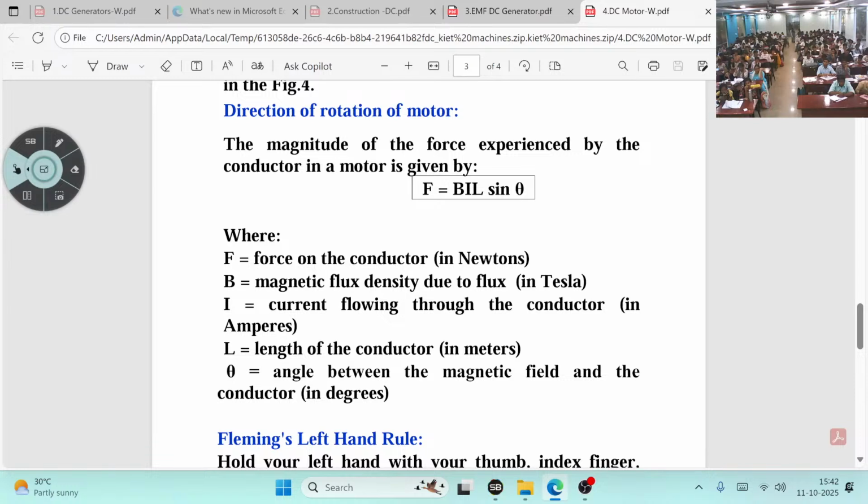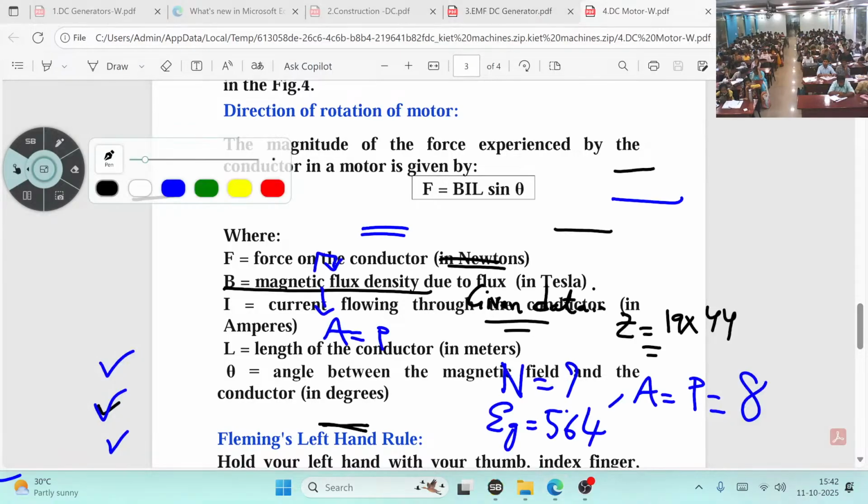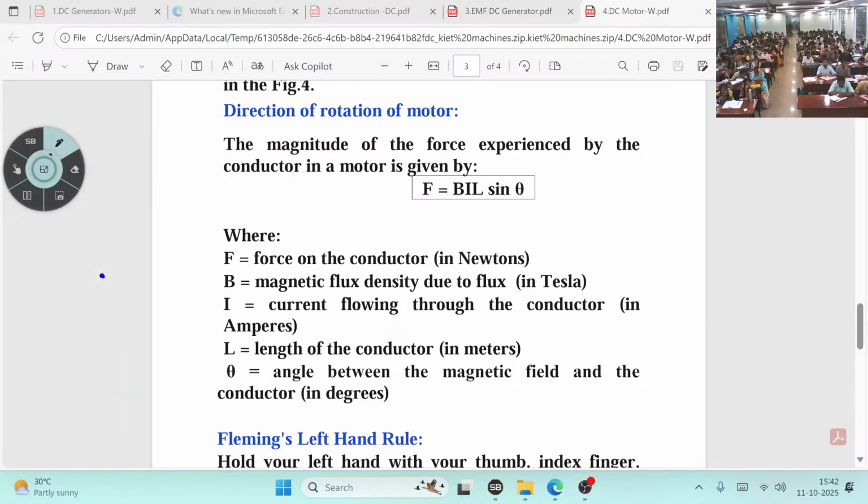What is sin theta actually? It is the angle between the magnetic field and the conductor. Conductor I am placing like this. How is the magnetic field?